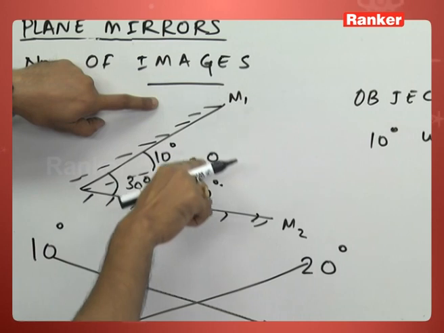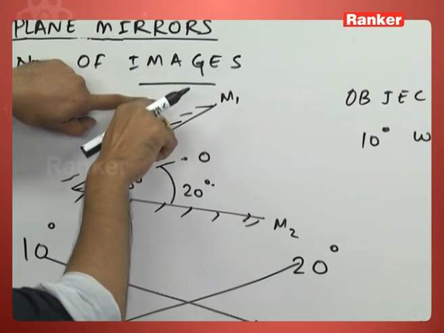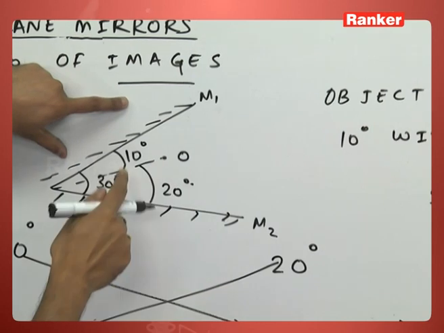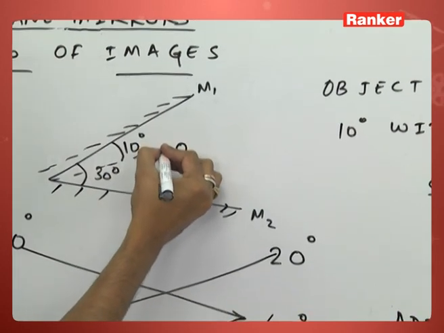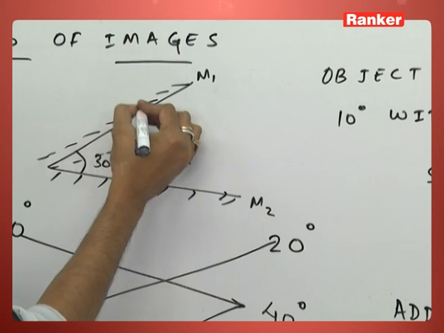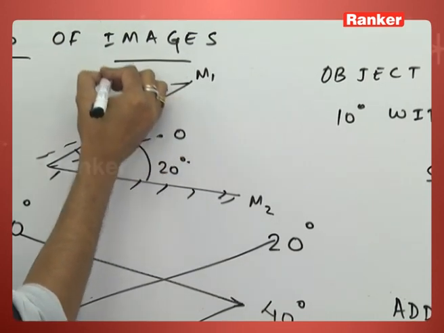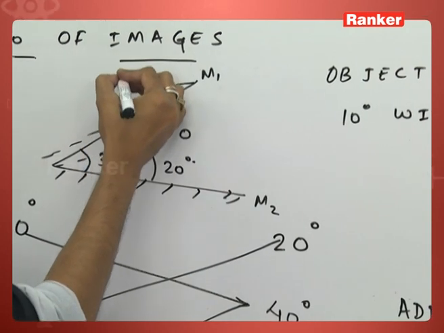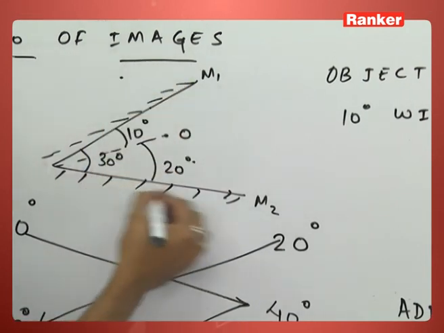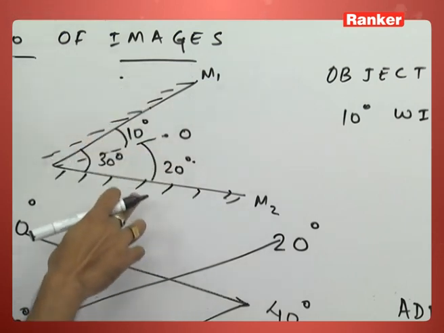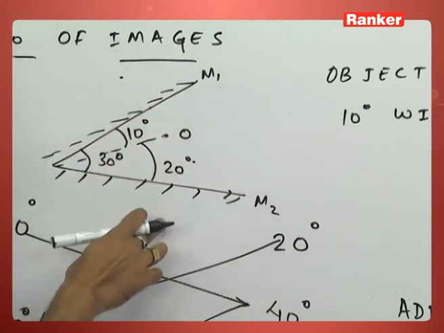The total angle will be 10 plus 30 is 40. I repeat once again, this object is making an angle 10 degree with M1. Obviously the image will be over here, and that image can again form an image in mirror M2. That image's total angle with mirror M2 is 30 plus 10, 40.